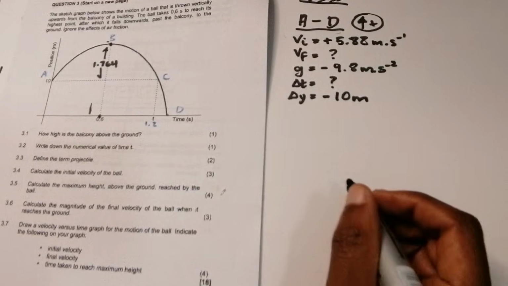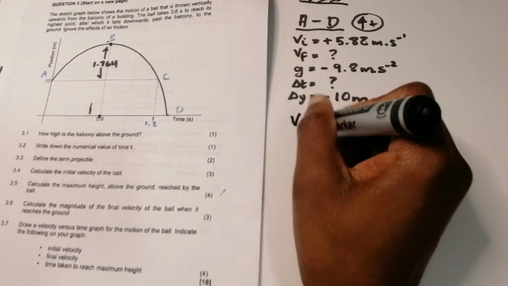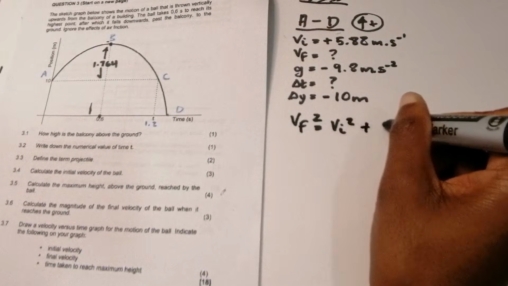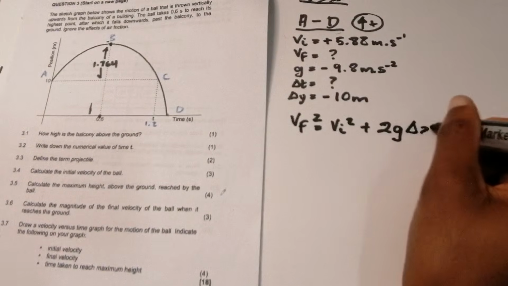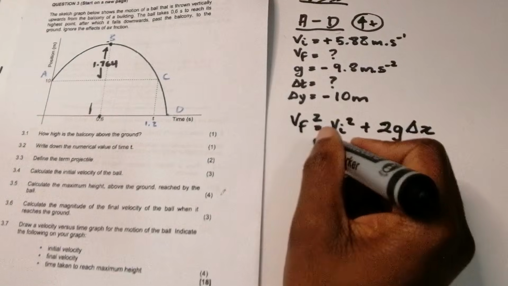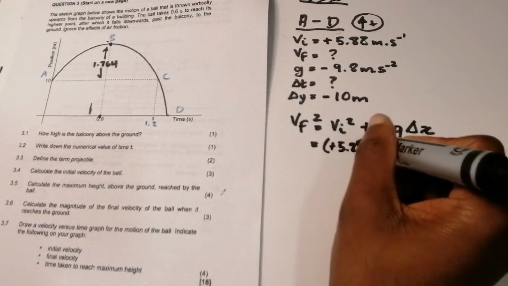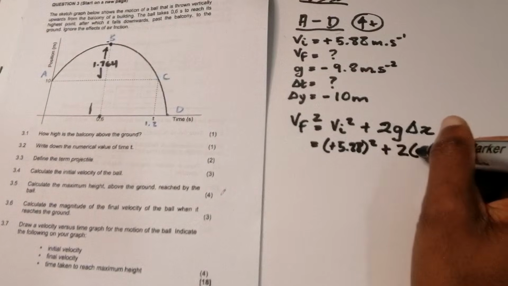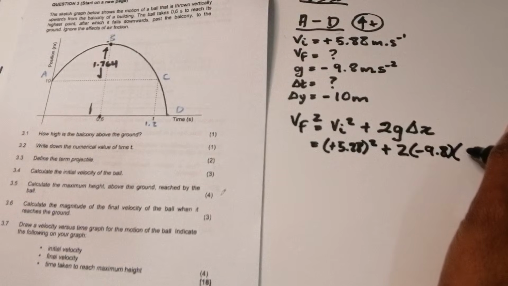Okay, right. So we're looking for final velocity. We don't have time. So Vf squared is equal to Vi squared plus 2 times a times delta x. Final velocity, that's what we're looking for. Initial, that's positive 5.88 squared plus 2 times a, that's minus 9.8, times delta x, which is minus 10.